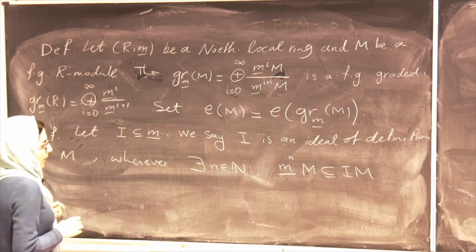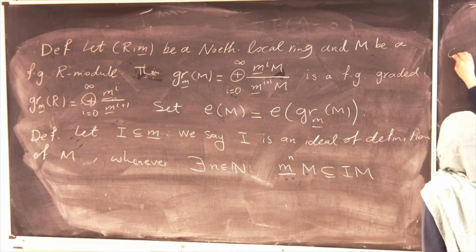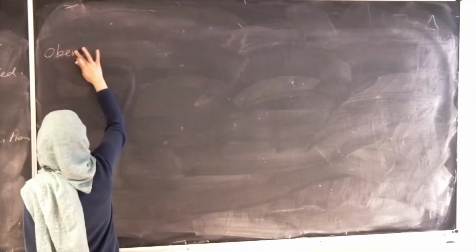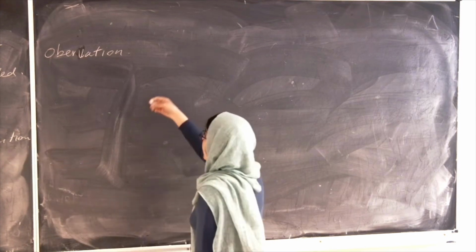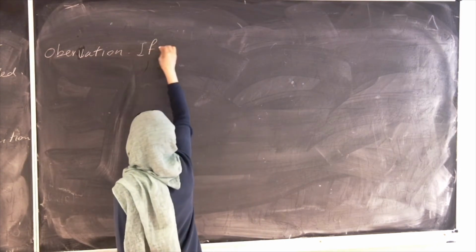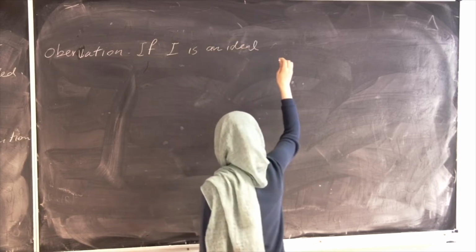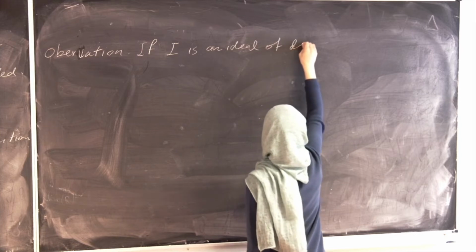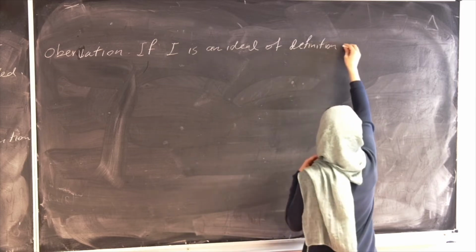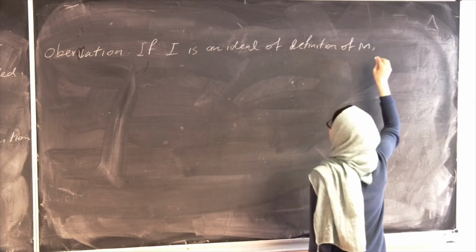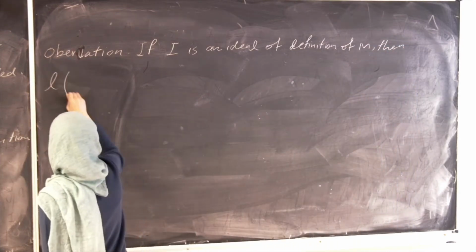So for such ideals, it can be easily seen that if I is an ideal of definition of M, then all these lengths are finite.